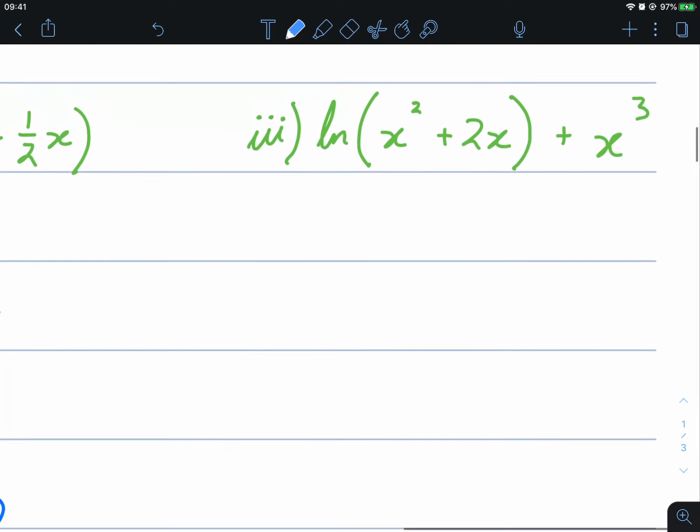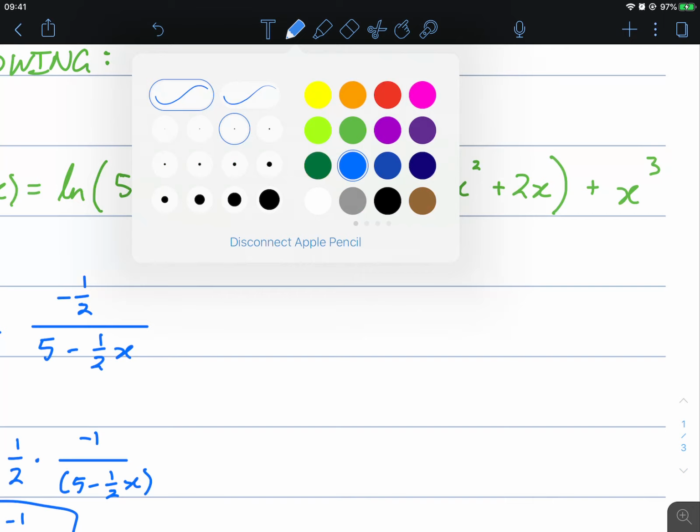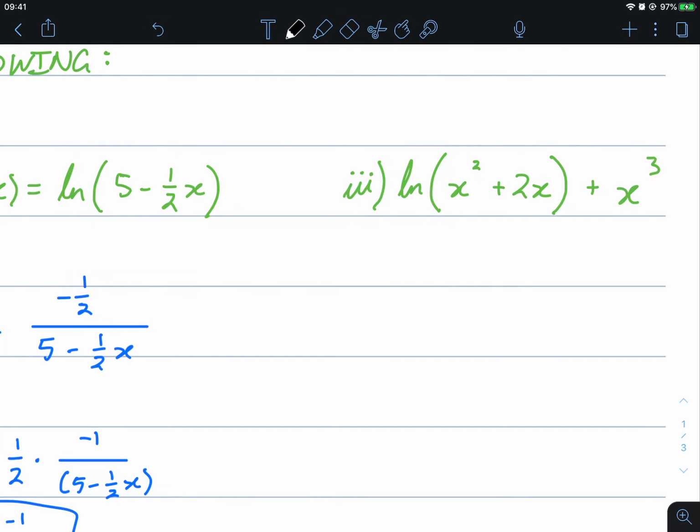Let's do this one more time. For this, I would actually do the full set out. So u is the inside of the ln, so that's x squared plus 2x. U prime is 2x plus 2.